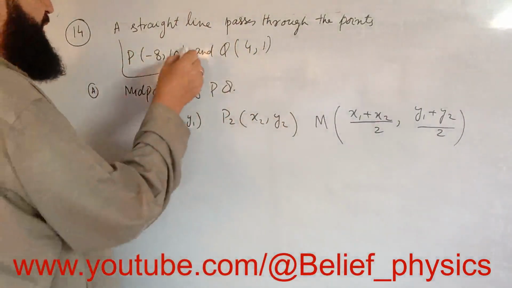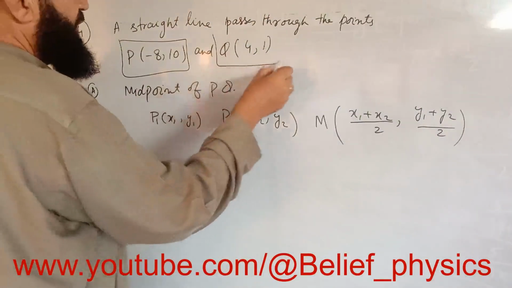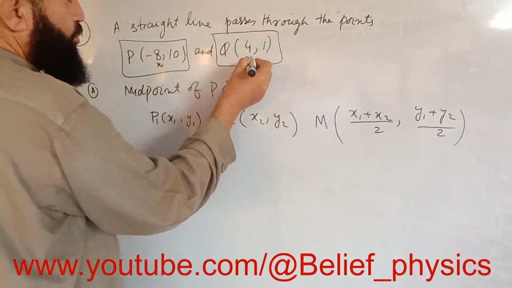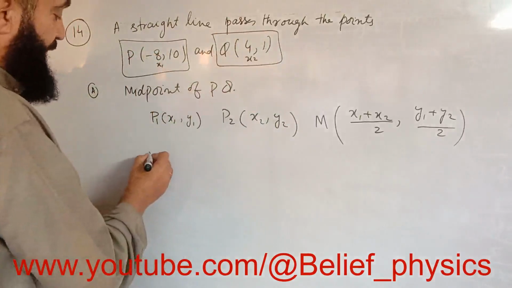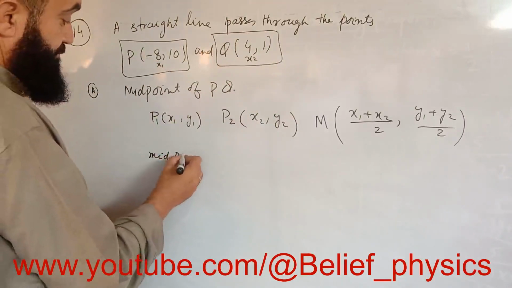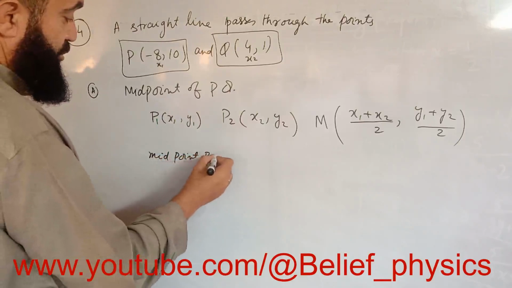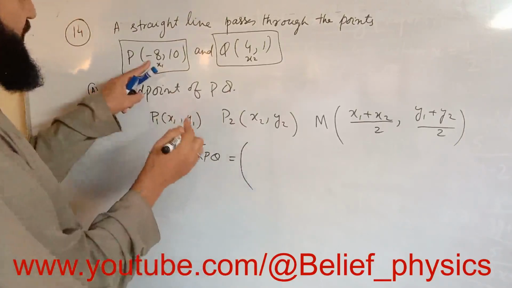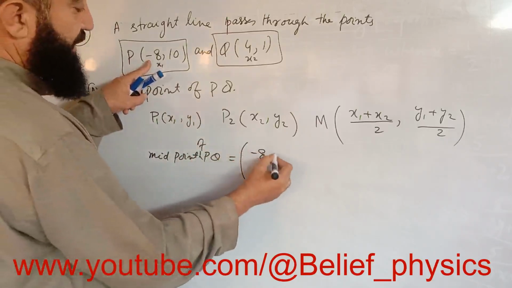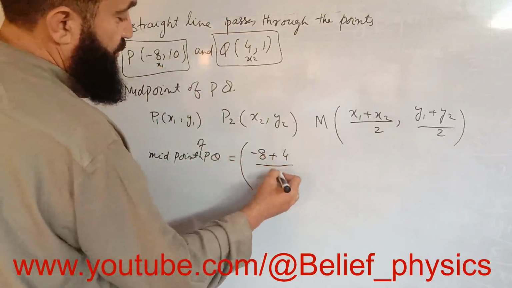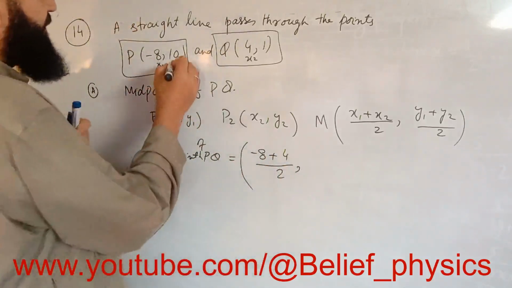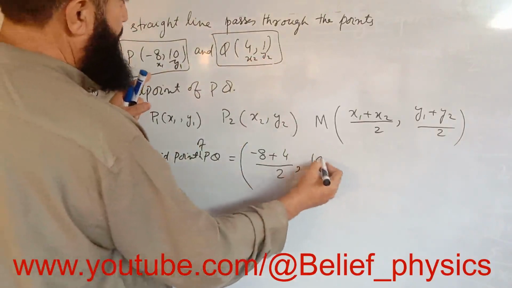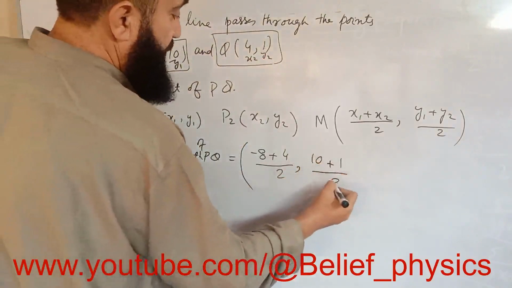This P is P1 and this Q is P2. This is X1 and this is X2. Therefore, the midpoint of PQ is equal to X1, which is minus 8, plus X2, which is 4, over 2, comma Y1 is 10 and this is Y2, so 10 plus 1 divided by 2.